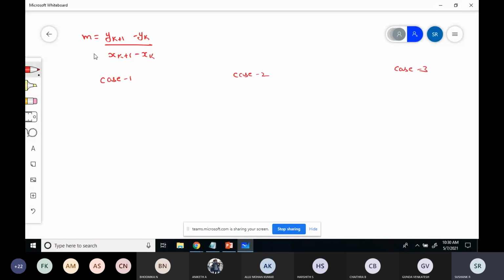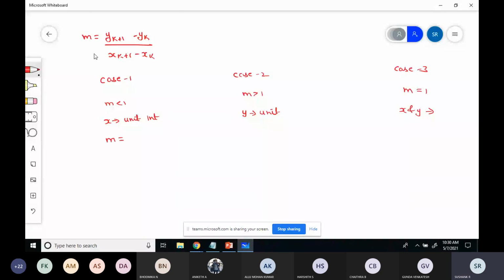Based on the m value. Case 1, m less than 1, greater than 1, equal to 1. If it is less than 1, I want to move x in unit interval. M greater than 1, I want to move y in unit interval. Here x and y in unit interval.